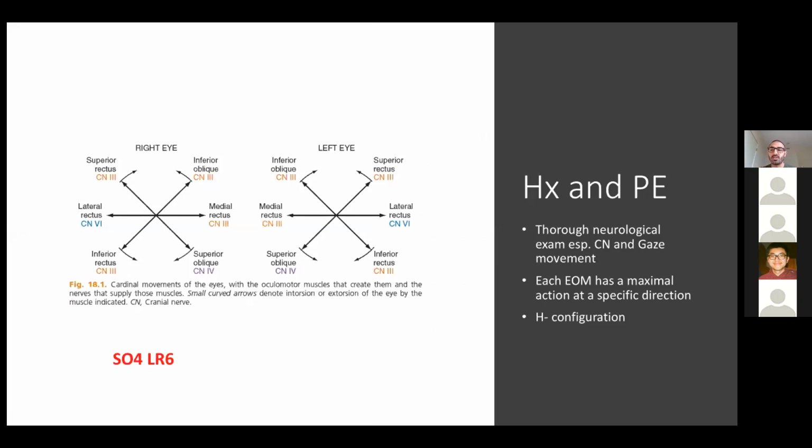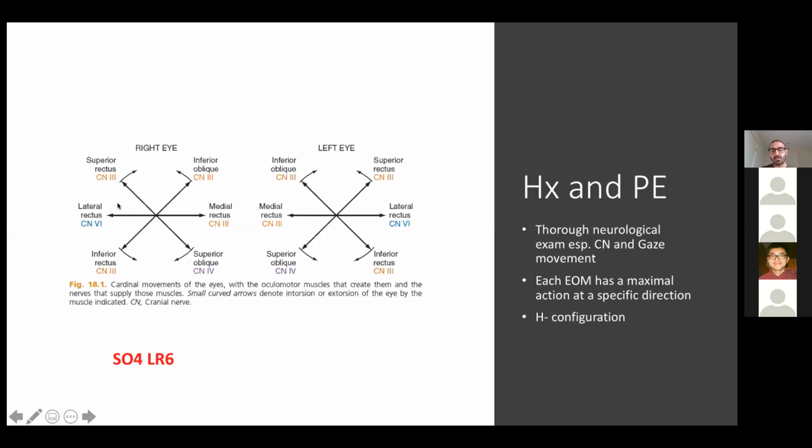But there is one action that predominates the rest, as depicted here. A good mnemonic is SO4 LR6, which stands for superior oblique, cranial nerve 4, the trochlear nerve. Lateral rectus is the 6th nerve, and the rest is the 3rd nerve, which is the oculomotor.